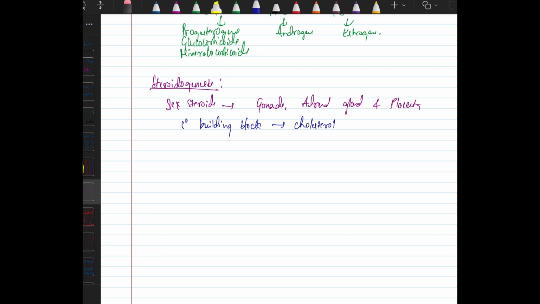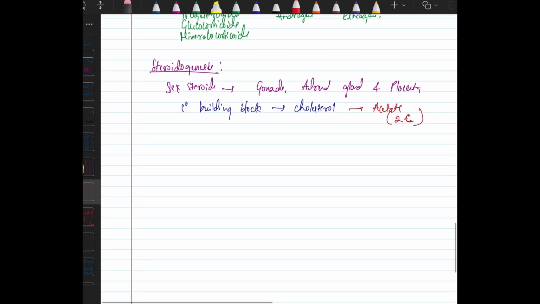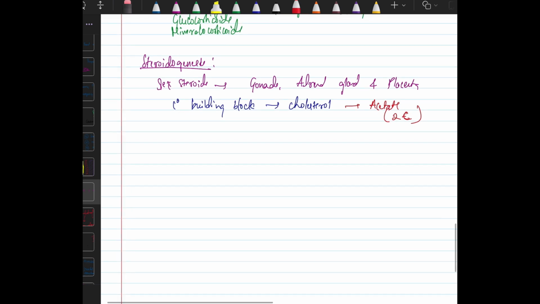This cholesterol can be produced using acetate, which is a 2 carbon compound. Okay, so most of these tissues synthesize their own cholesterol. Okay, except your placenta doesn't have the capacity to synthesize cholesterol. All other steroid producing tissues are capable of synthesizing cholesterol.